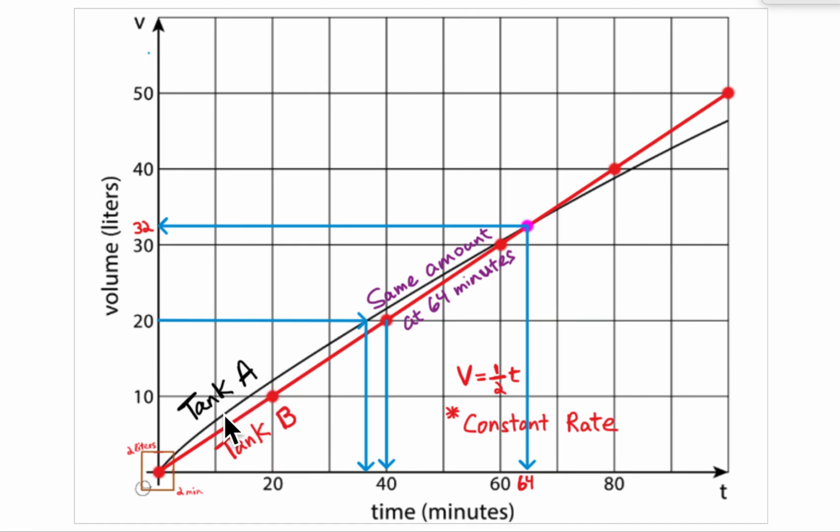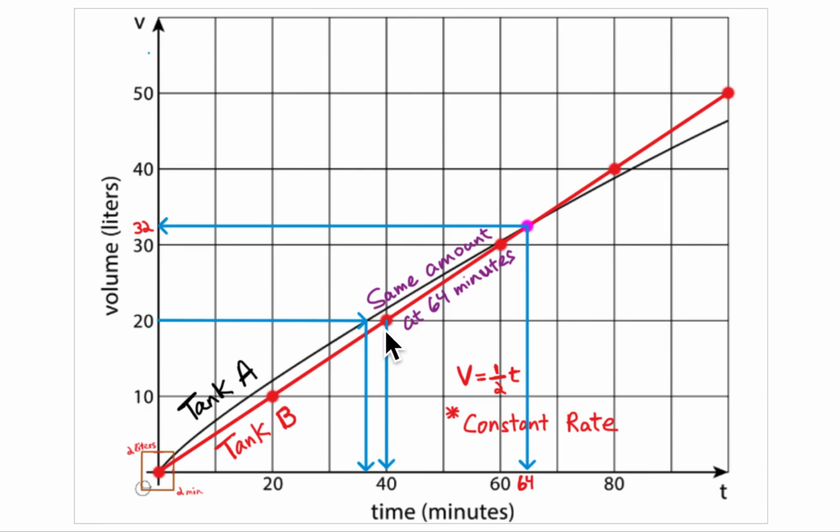And if they kept that up, then tank A would always be ahead of tank B, or you think about the rabbit would always be ahead of the turtle. But then the tank A starts to slow down even more, or the rabbit gets even more tired. And so it's slowing down, slowing down, slowing down. So it's getting closer and closer and closer.